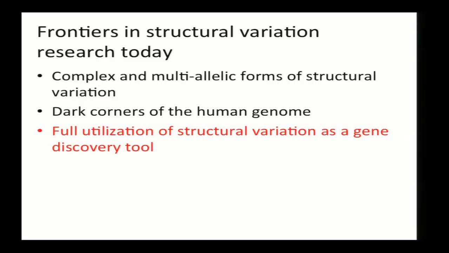So another frontier in structural variation research today that I think is really important is going to be to go beyond these really large deletions and duplications that you can see on array-based platforms to ascertaining the full spectrum of structural variation that's present in each genome, and really using all structural variants, large and small, as discovery tools.